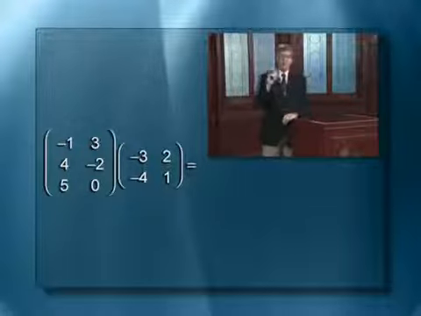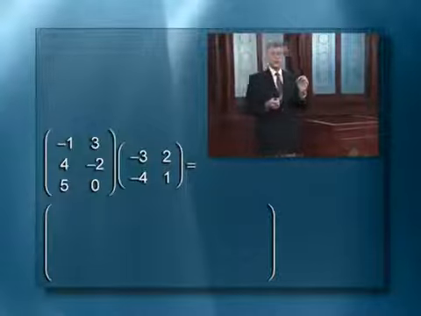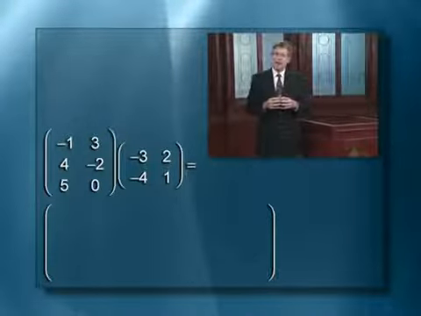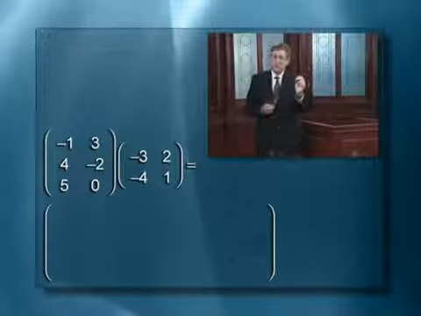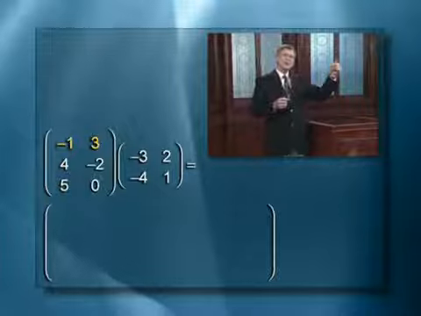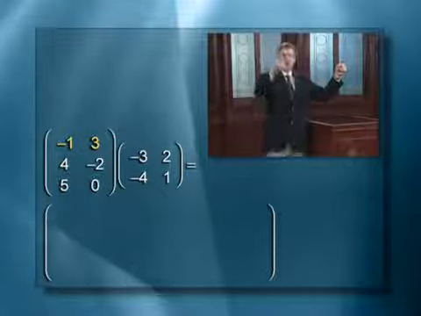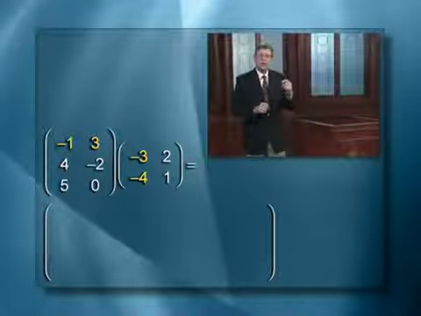Here's how you get that answer, the product of these 2 matrices. Well, the upper left-hand entry in the answer, that's the first row and first column of the answer, is obtained by multiplying the first row of the left-hand matrix times the first column of the right-hand matrix in the following way. Watch how it goes.